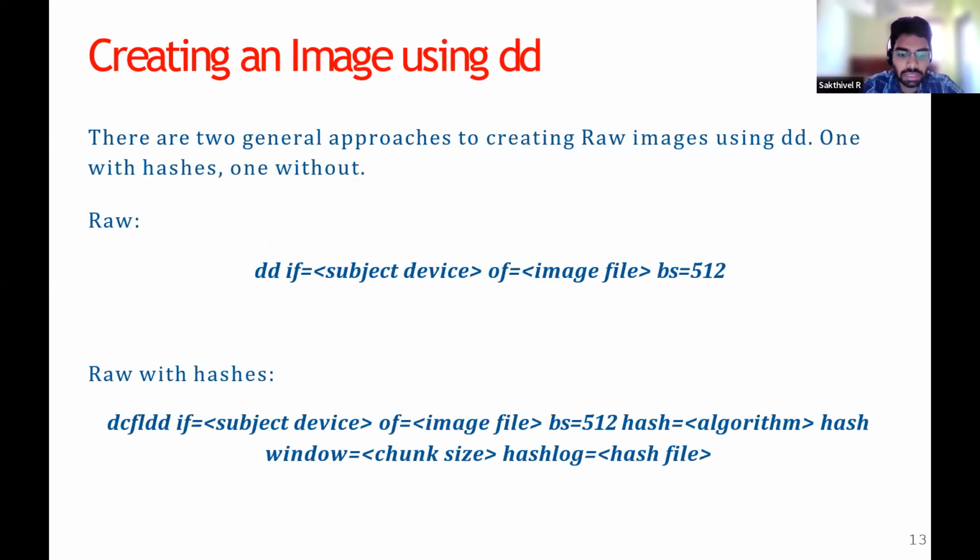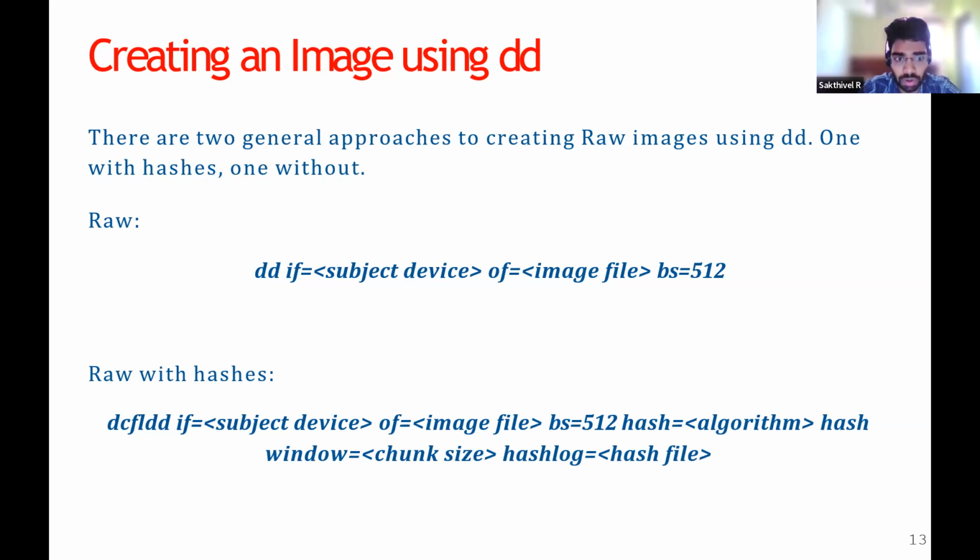The most commonly used image format is DD. This can be used in the command line version on most of the widely used operating systems. There are two general approaches to create raw images using DD.